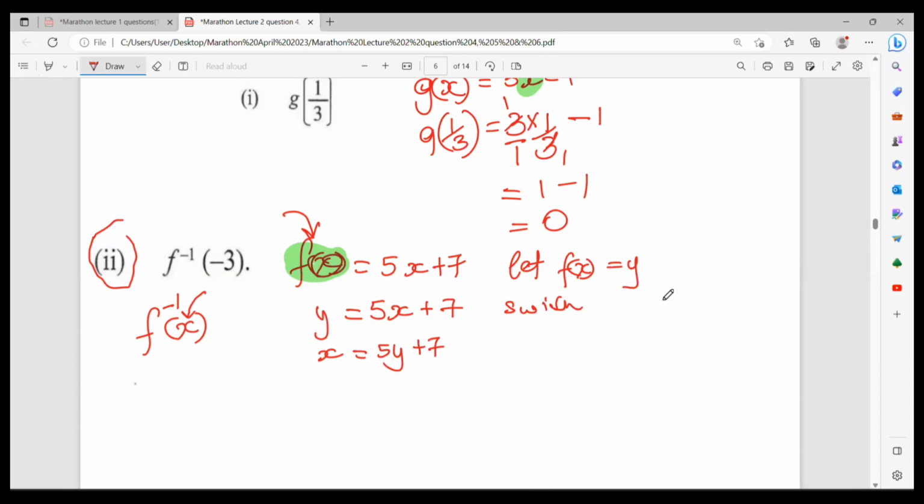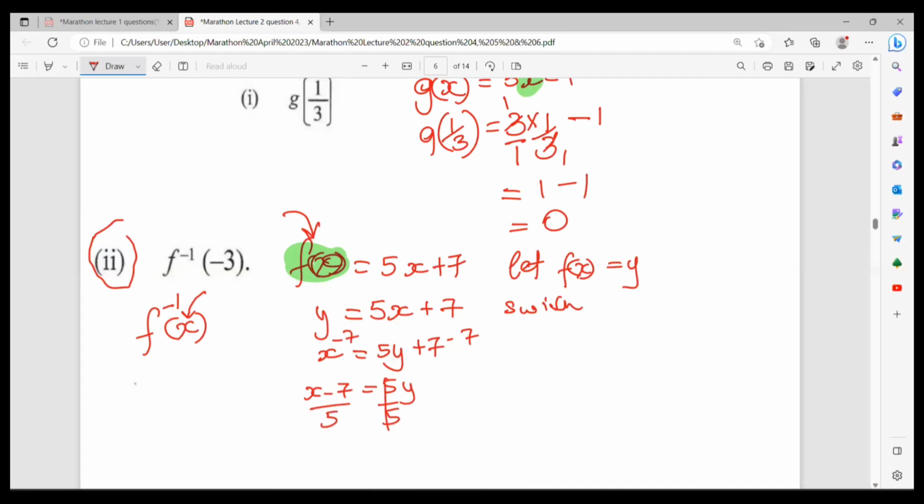Then transpose for the new y. So with regular transposing skills, you subtract 7, then you divide by 5, divide by 5.